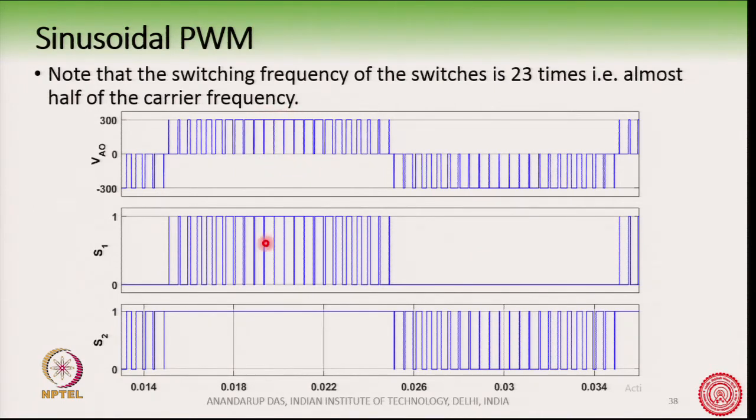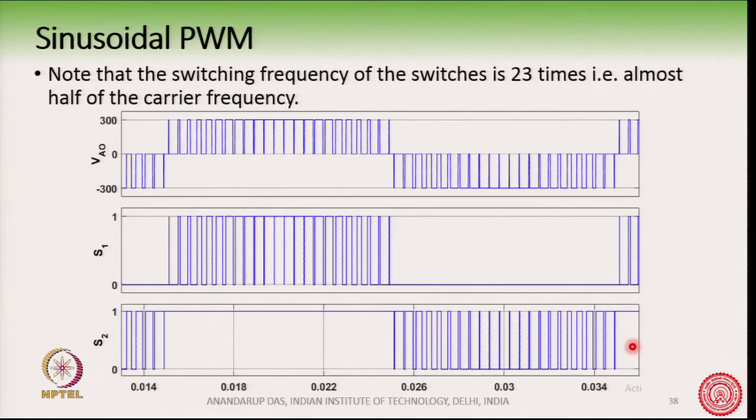When we are using the plus level, we have to turn on both S1 and S2, so that is what is happening. Whereas in this section, when we are accessing the minus level, S1 is fully turned off because we will not need S1, but S2 will be given pulses here. So, the pulse patterns of S1 and S2 are completely different in one fundamental cycle.